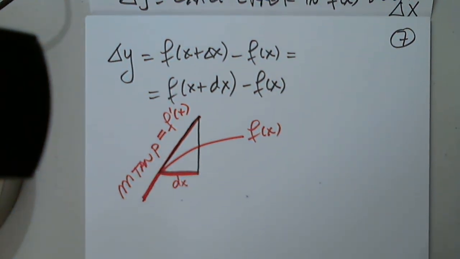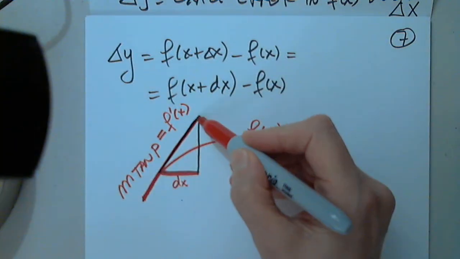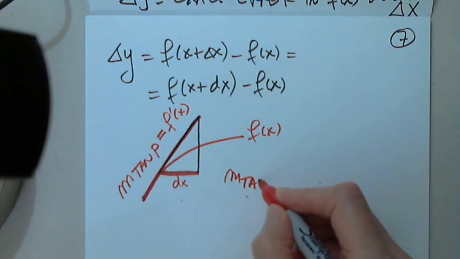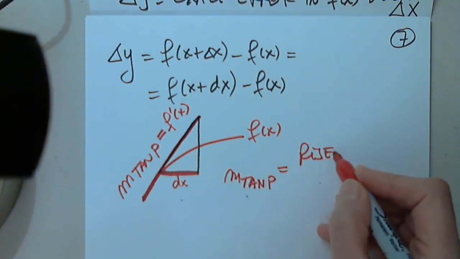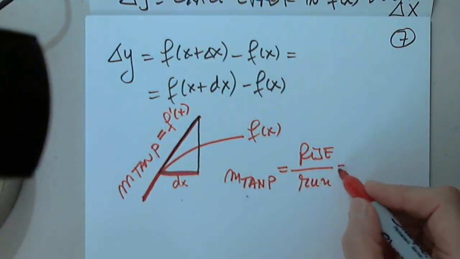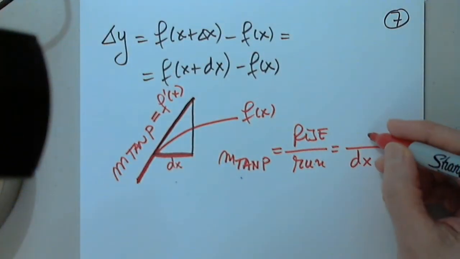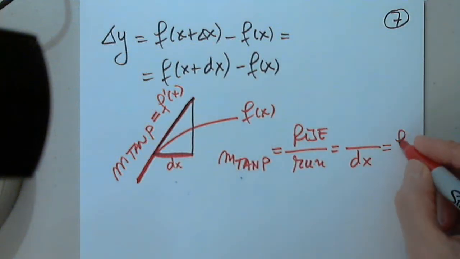Good. So I have the slope of this line, and I also know that the slope of the tangent line at P equals rise over run. I know the run. I don't know the rise, but I know that this equals f prime of x.